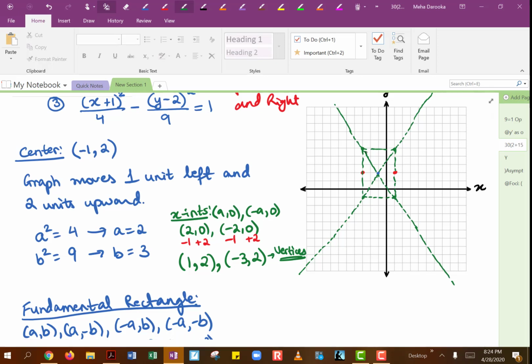Alrighty, and then let's do the equation for our oblique asymptotes.